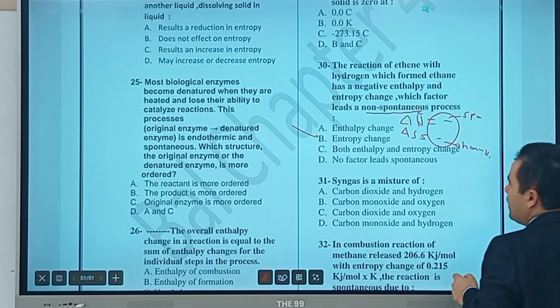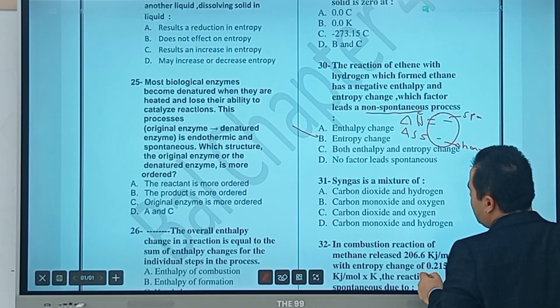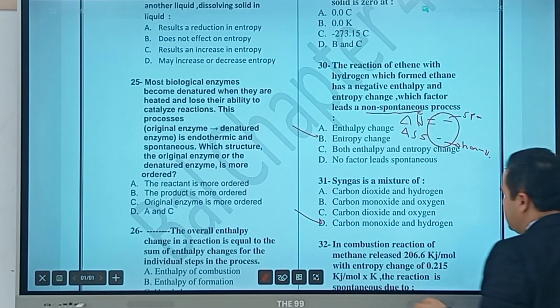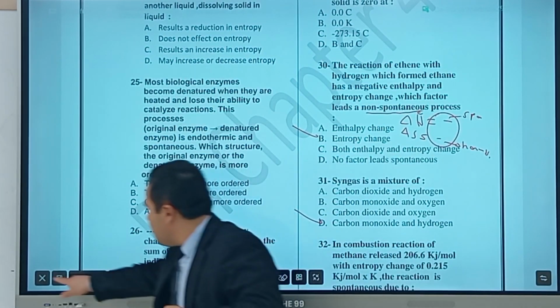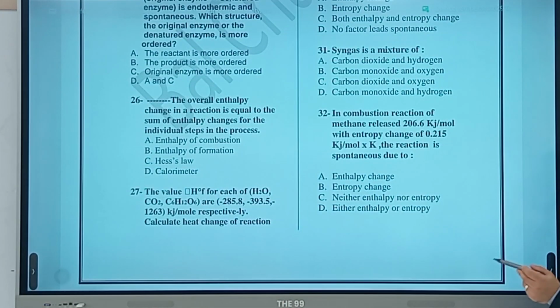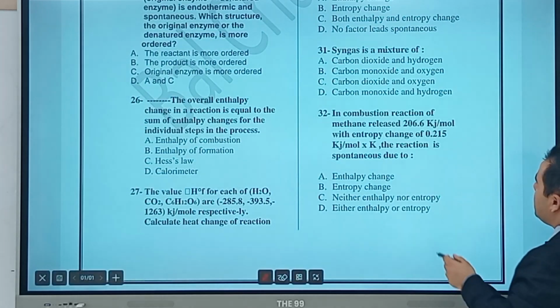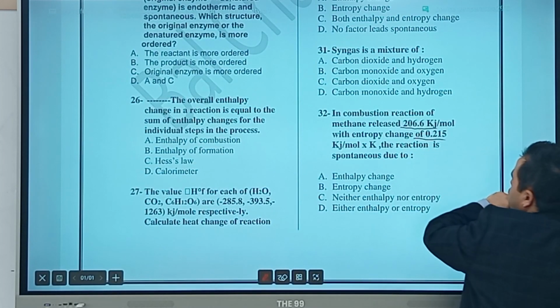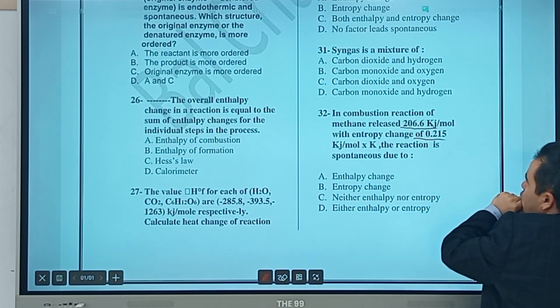Syngas is a mixture of carbon monoxide and hydrogen gas. Carbon monoxide and hydrogen, so D is the correct answer. The reaction of methane absorbs this amount of energy, 206.6 kilojoule, with an entropy of 0.215 kilojoule.